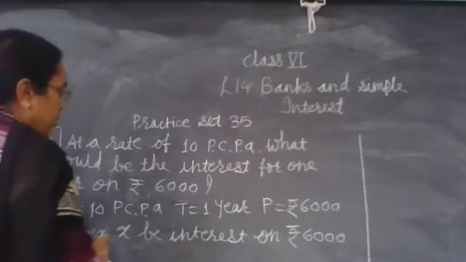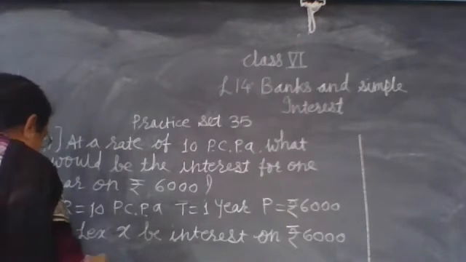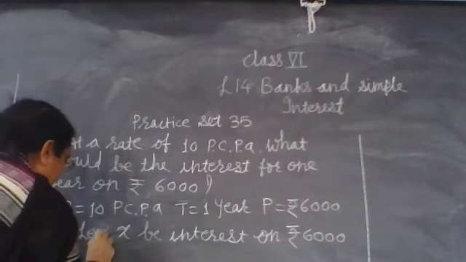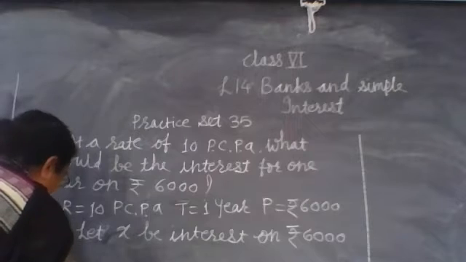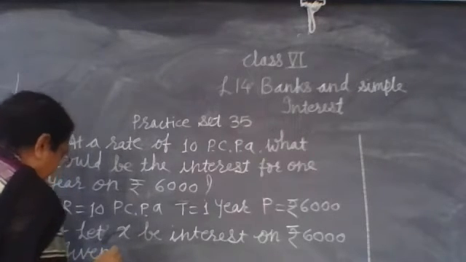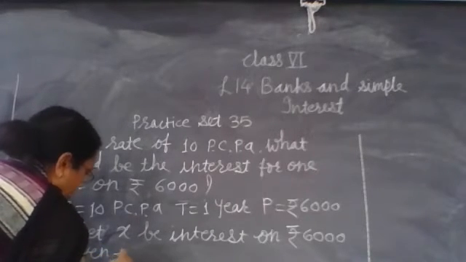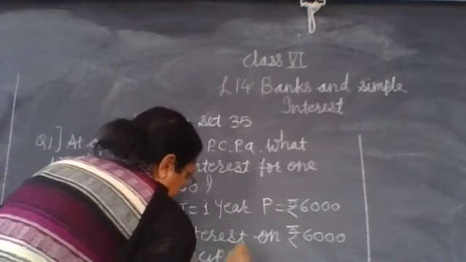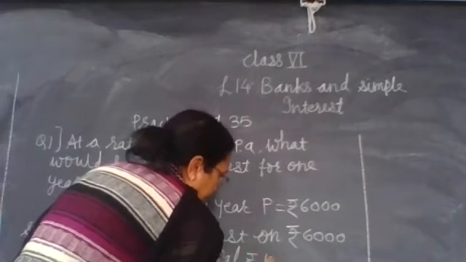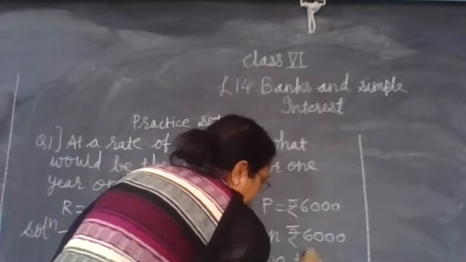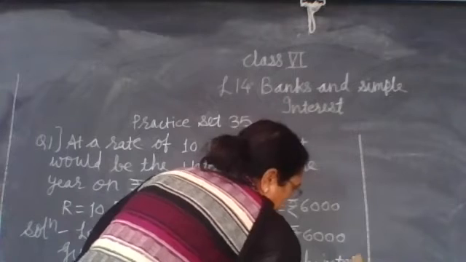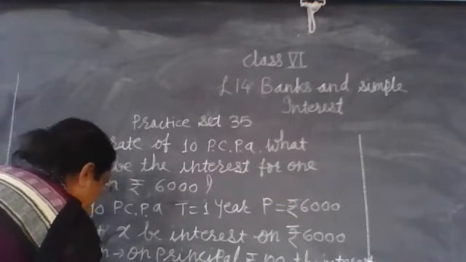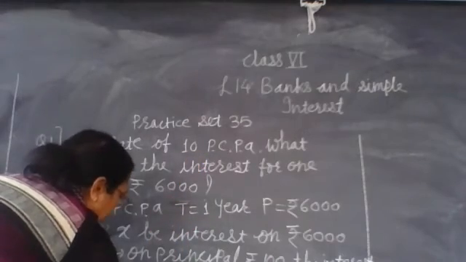Given is the 10 PCPA rate. That means on principal rupees 100, the interest is rupees 10.